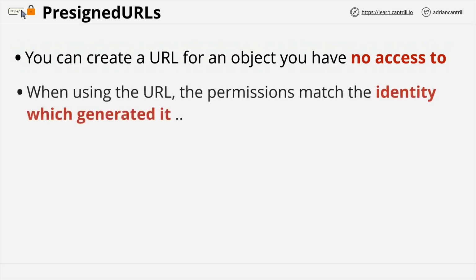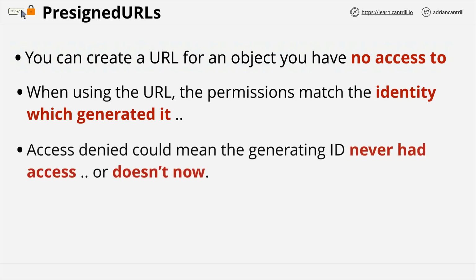Now, when you utilize a URL and attempt to access an object, the permissions you have match the identity that generated it. And it's important to understand that it matches the permissions that the identity has right now. So at the point when you use the URL, you have the same permissions as the identity that generated it has right now.